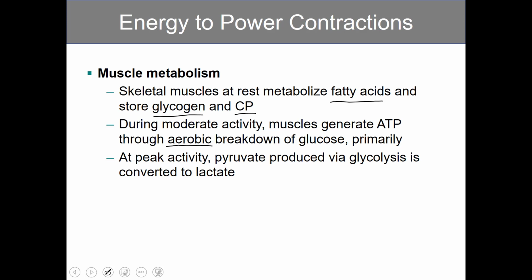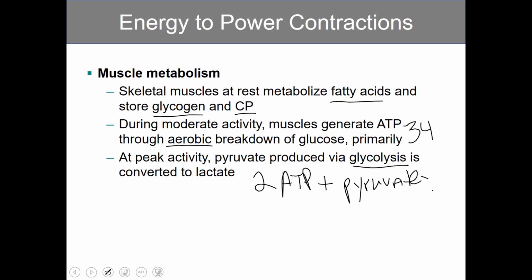So you get 34 molecules of ATP per glucose molecule. During peak activity, the cell has to rely on anaerobic glycolysis, which generates only 2 ATP molecules per glucose, and you get a byproduct. So you get 2 ATP plus pyruvate.